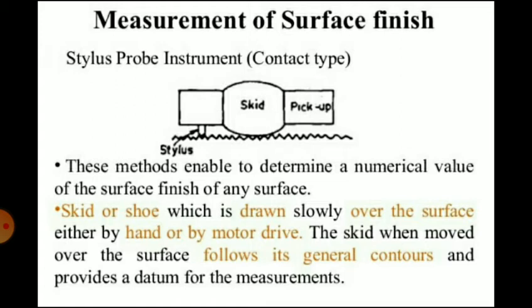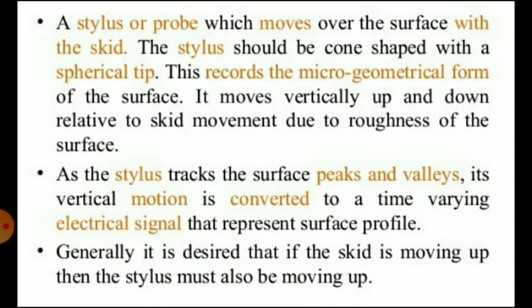The skid, when moved over the surface, follows its general contours and provides a datum for the measurement. The stylus or probe moves over the surface with the skid. The stylus should be cone shaped with a spherical tip. This records the microgeometrical form of the surface.